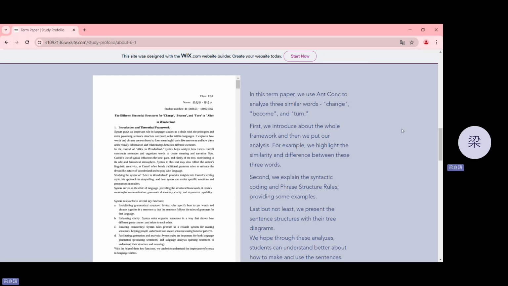Second, we explain the syntactic coding and phrase structure rules, providing some examples. Finally, we present the sentence structures with their tree diagrams. We hope through this analysis, students can understand better how to make and use sentences.